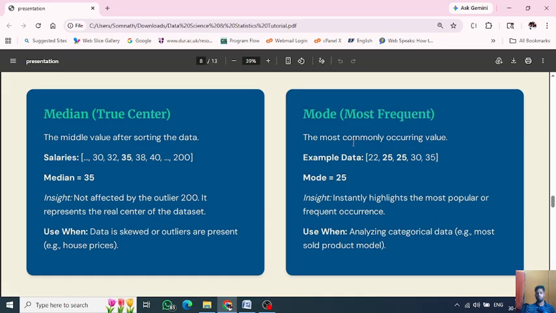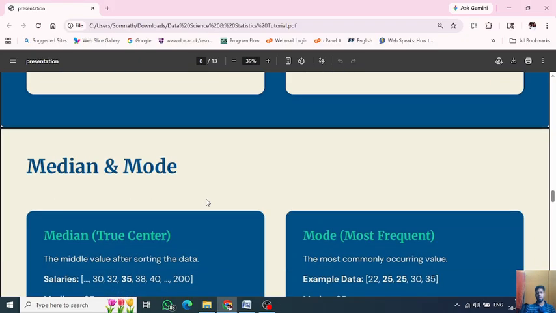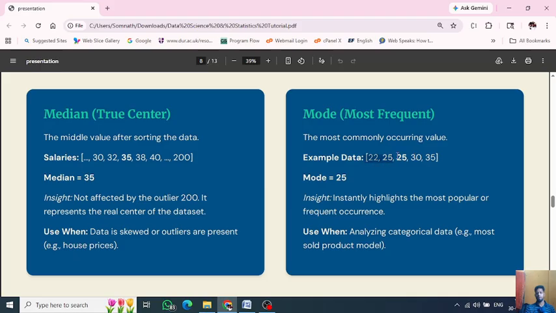Now there is the mode. Mode tells you the most common value, the most popular value in the data set. Suppose I'm taking an example of salary data: 20, 25, 25, 30.